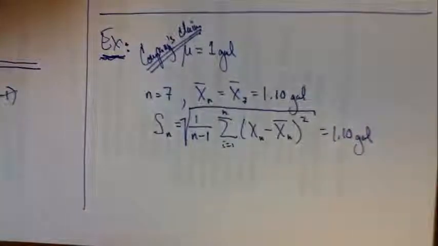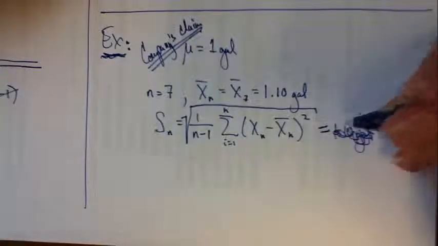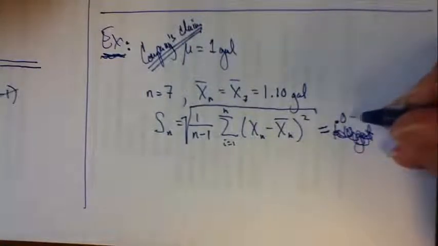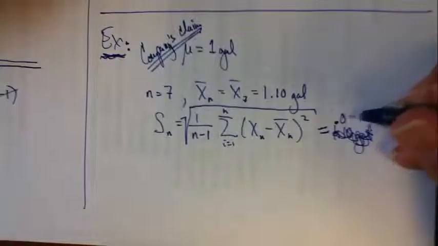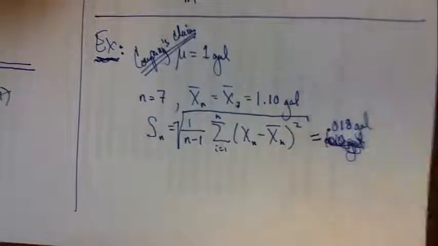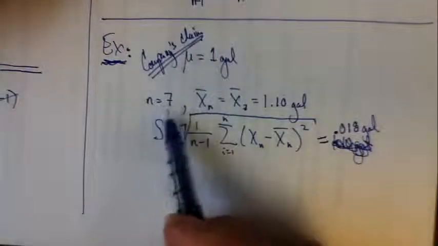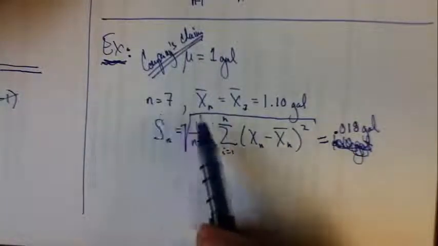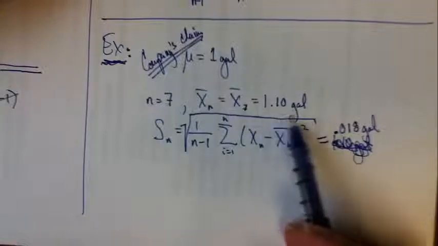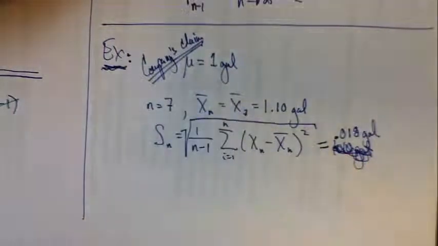So your job now, based on this information, is this: the sample of size 7 is coming from a normal distribution, the sample mean was 1.1 gallons, and the sample standard deviation was this much. Should you refute the company's claim, that the machine just needs adjustment?